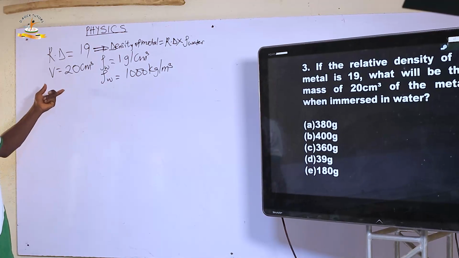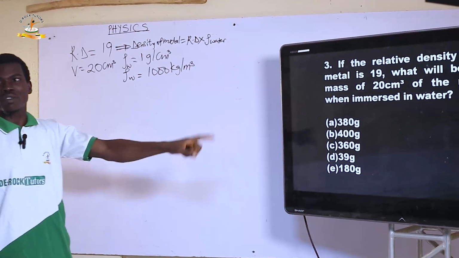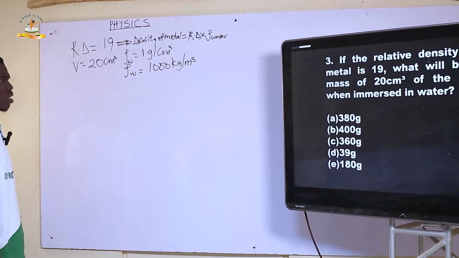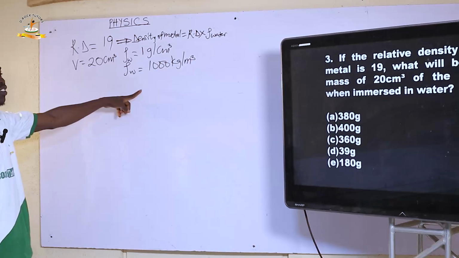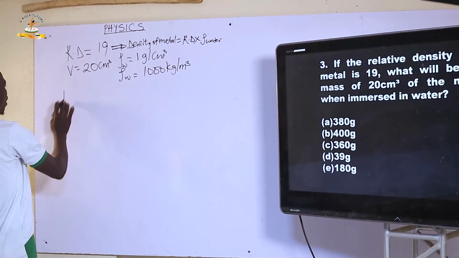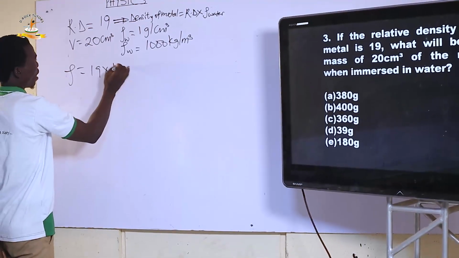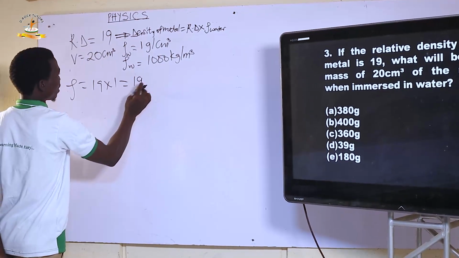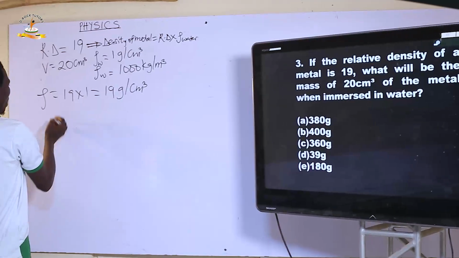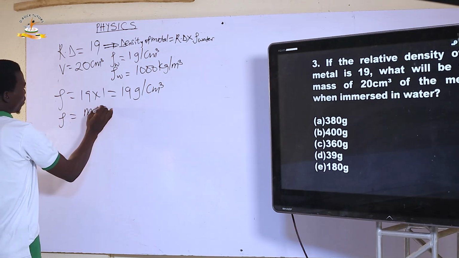Since our value was given to us in centimeter cube and our options are given to us in gram, why do we have to go through kilogram or meter cube? So we just have to go with the CGS system. How do we go about that? The density of the metal is going to be 19 times 1, and that is 19 gram per centimeter cube. And don't forget, density is the same thing as mass over volume.